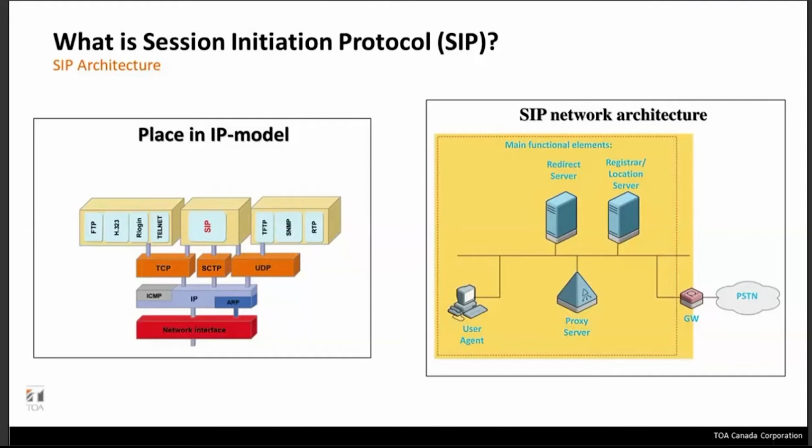So there is a redirect server, a registrar, a location server, and a proxy server, and ultimately all of those are connected to a user agent, which ultimately connects with the PSTN gateway, the public switched telephone network, which gives you the telephone number, which in the telephonic world we call a DID number, known as direct inward dialing. Most of the time, this is our ultimate goal, but SIP can do more than that.